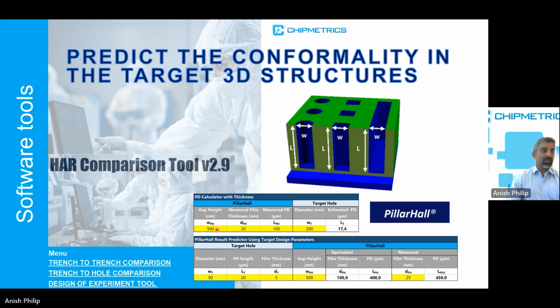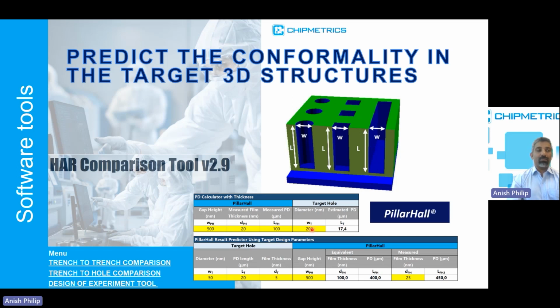In this case, the gap height of the PillarHall chip is 500 nanometer, the measured film thickness is 20 nanometer, and the measured PD, the penetration depth for the process, is say 100 micrometer. We already know the diameter of the hole.